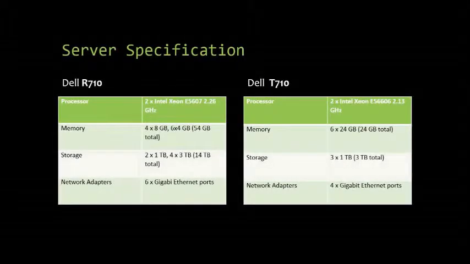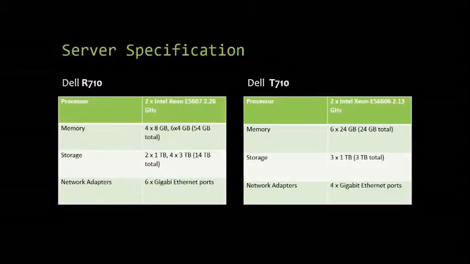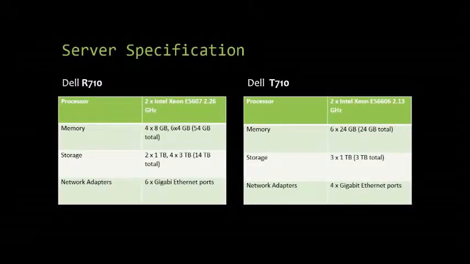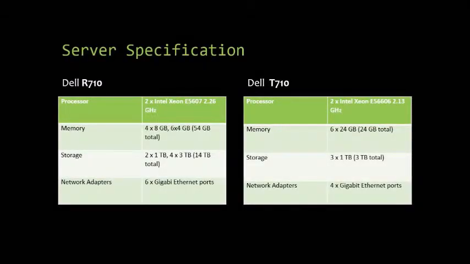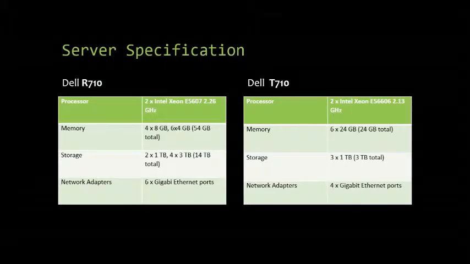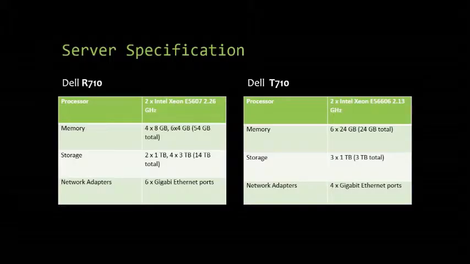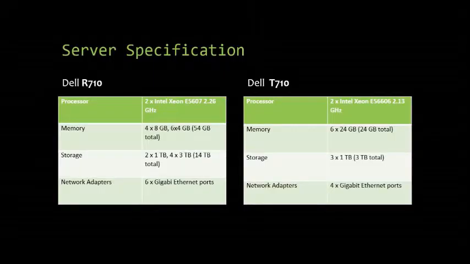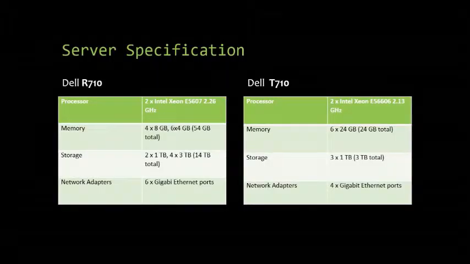This is the specification we use, like the hardware we use in this project. Dell 710 has a processor of Intel Xeon E5607 with 2.2 gigahertz, 54 gig of RAM, 14 terabytes of storage, and 6 network adapters.